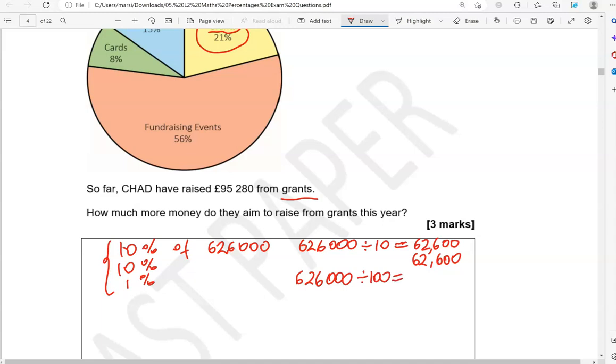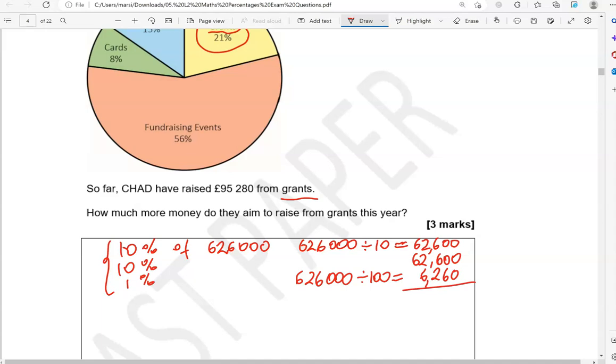So we knock off 2 zeros at the end. So this will be 626 with just 1 zero at the end. So 6,260 is equal to 1%.